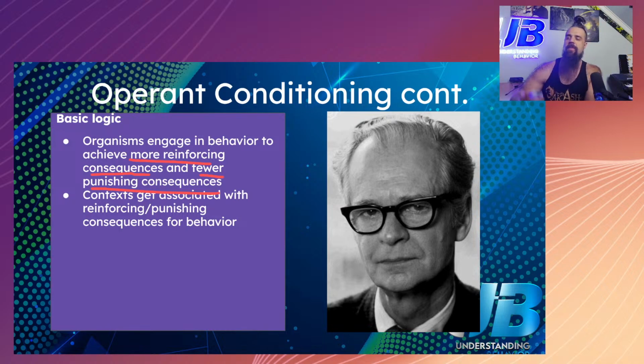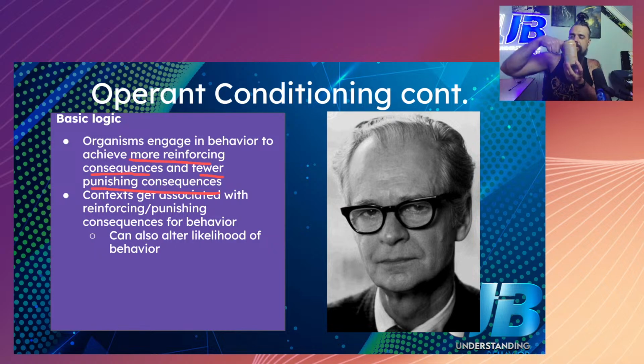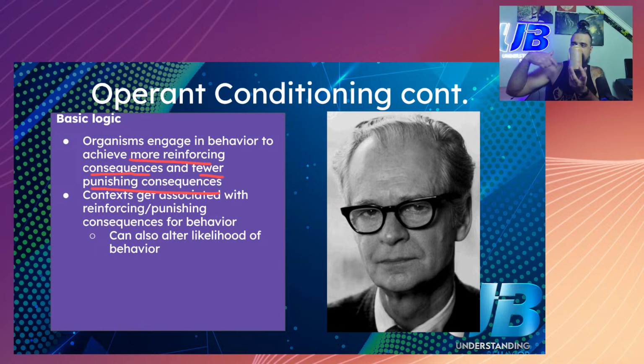So this is an antecedent context that gets associated with my consequence, which right now is extinction. As a result, I'm just not going to engage in this drinking behavior. So the consequence affects that antecedent as well. And these things can alter the likelihood of behavior. Since I'm in an S delta condition for drinking out of this right now, this is going to decrease the likelihood I'm going to engage in drinking it.